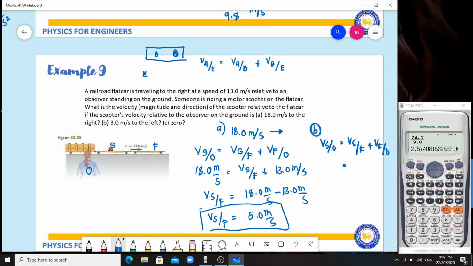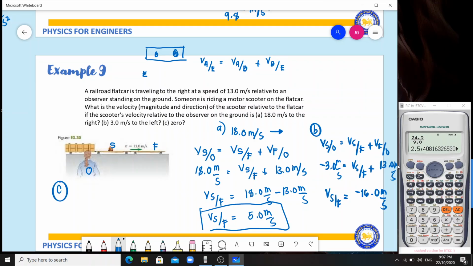Scooter relative to the ground, so negative 3.0 meters per second equals VSF plus flat car na 13.0 meters per second. Okay, so the velocity of the scooter relative to the flat car is equivalent to negative 16.0 meters per second, kasi transfer lang natin.